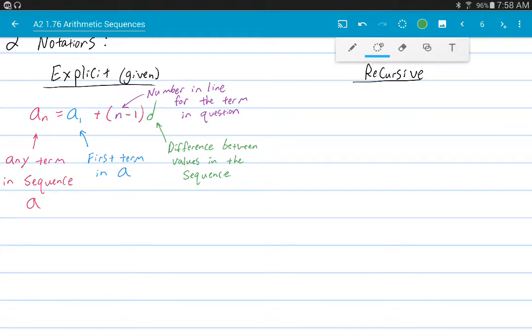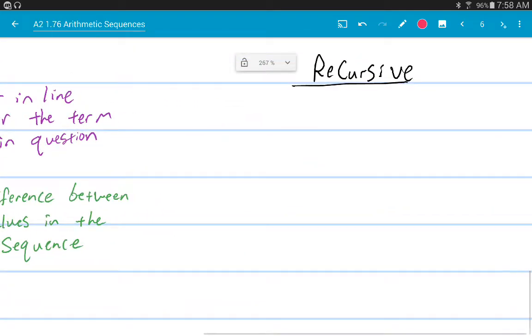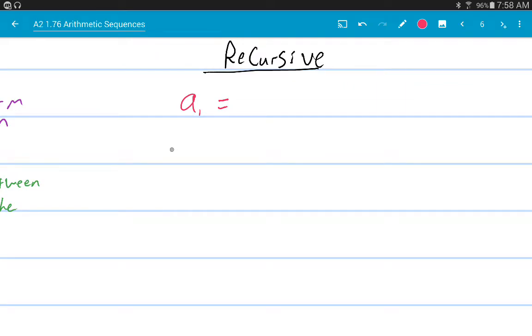A recursive sequence has two parts. It has a sub 1 equals, right? So you need to be told what the first term is. And it also has a sub n is equal to a sub n minus 1 plus d.